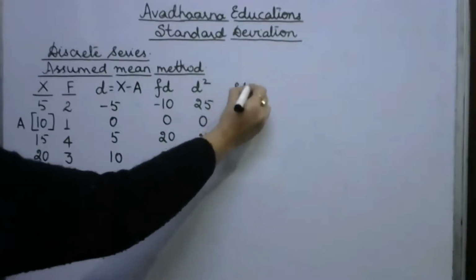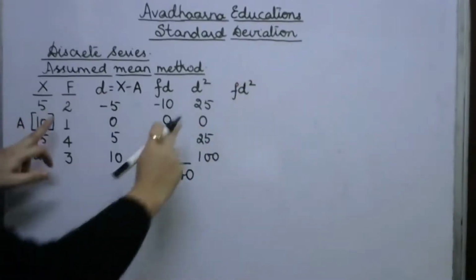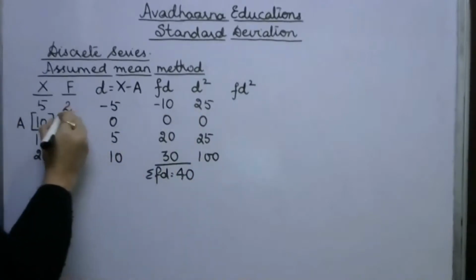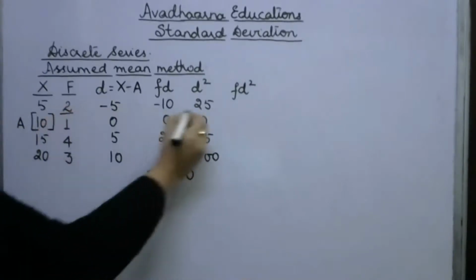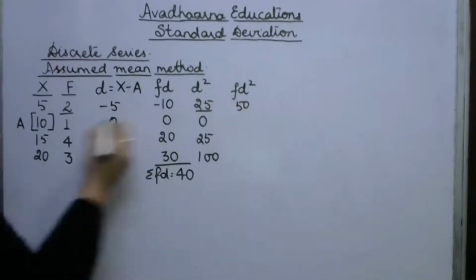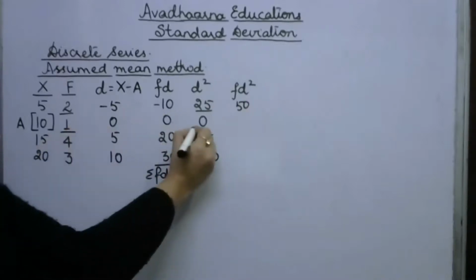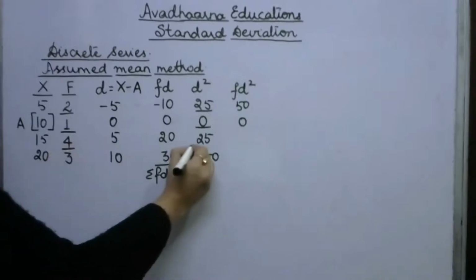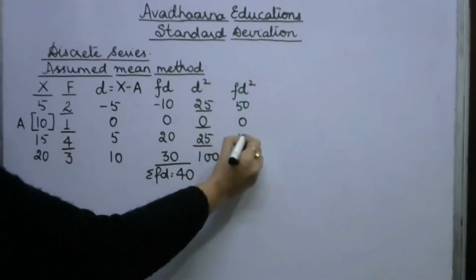So fd square: this is frequency 2 multiplied by d square 25, so 2 multiplied by 25 is 50. 1 multiplied by 0 is 0. 4 multiplied by 25 is 100.